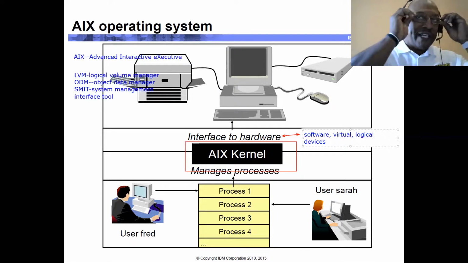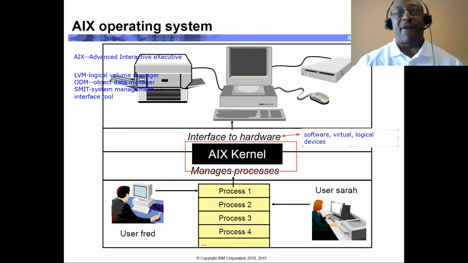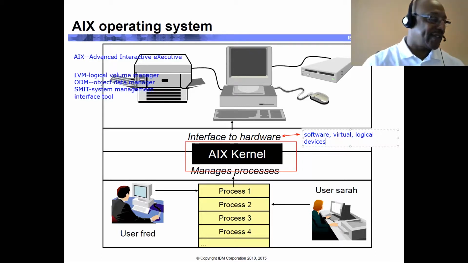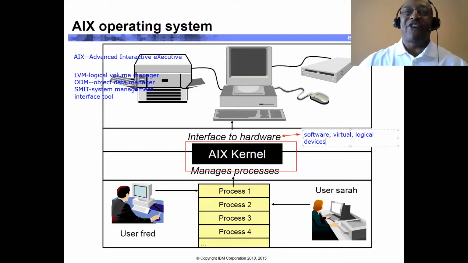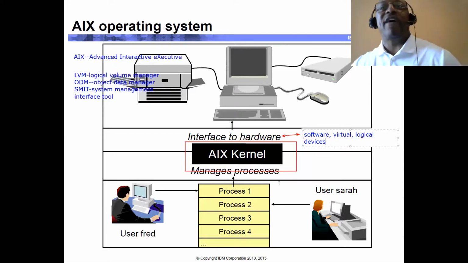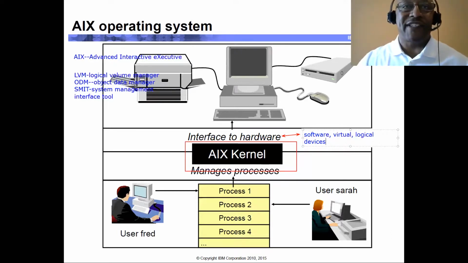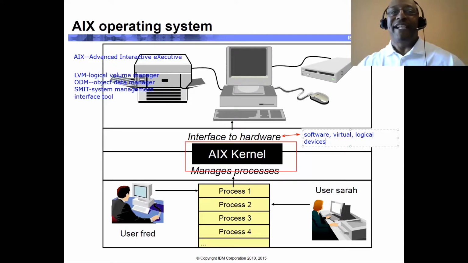In other words, it interfaces directly with the software, directly with the virtual devices, directly with the logical devices. And of course, whenever a process is created, the kernel assigns a PID, or process ID, to that particular process. In our environment, AIX is a multi-user system, but also we can have thousands or hundreds of thousands of processes active on a single system at any given time.